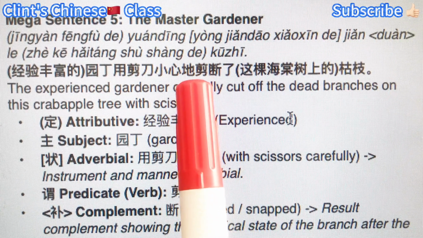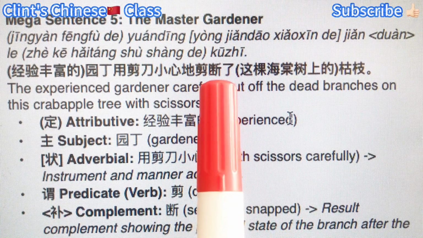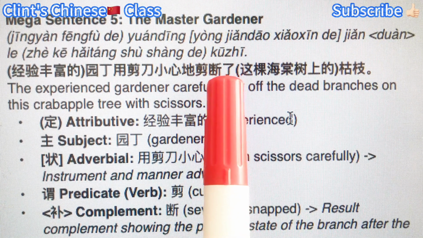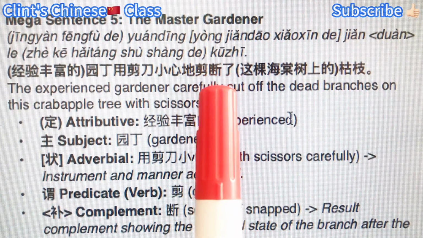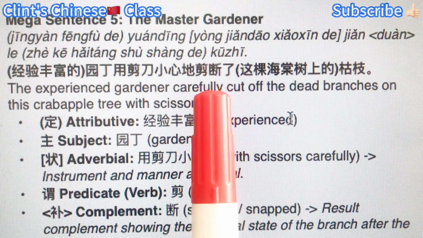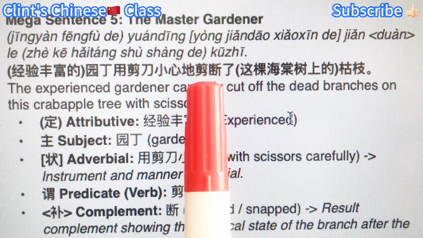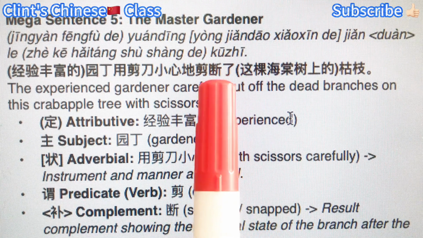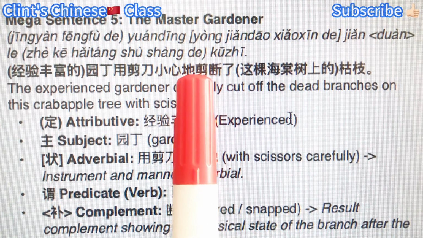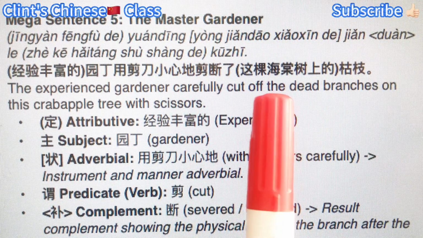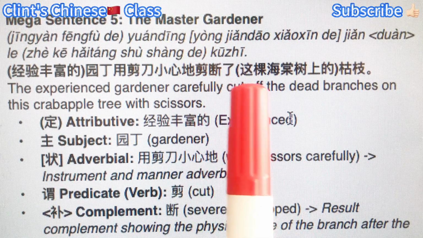modifying the verb 剪. And then complement showing the result of the action. 断 is like broken. After you cut it, it will be cut into maybe a few parts, right? So 断 is the result complement of the action 剪. 了 indicating the past tense.